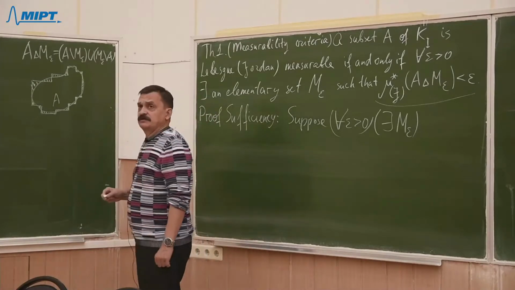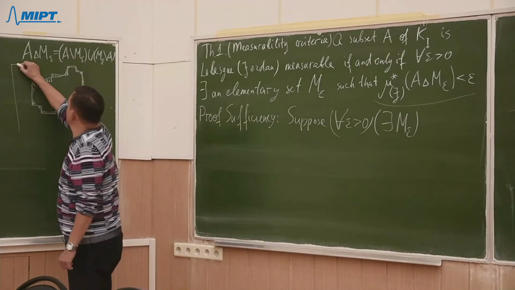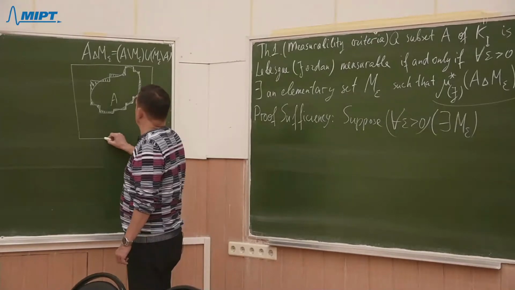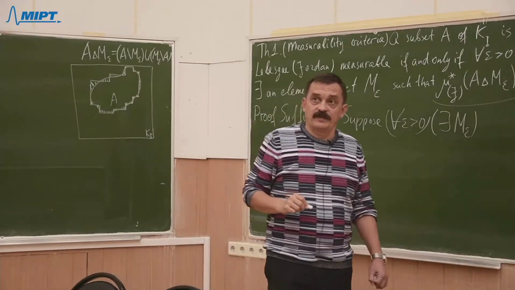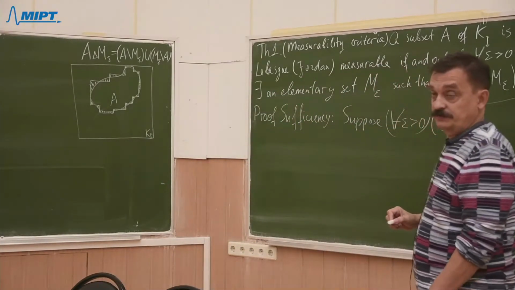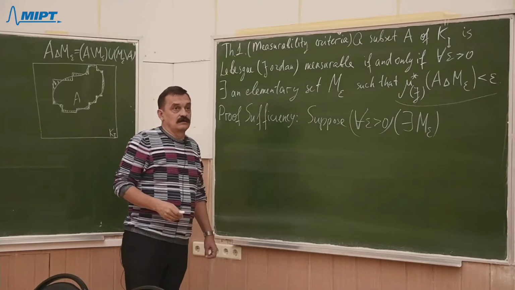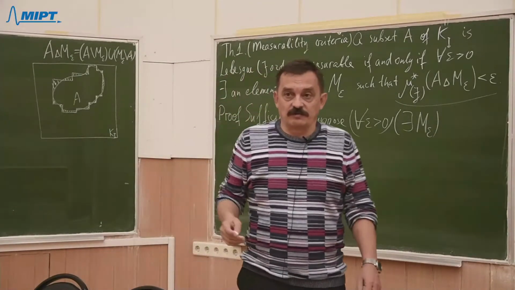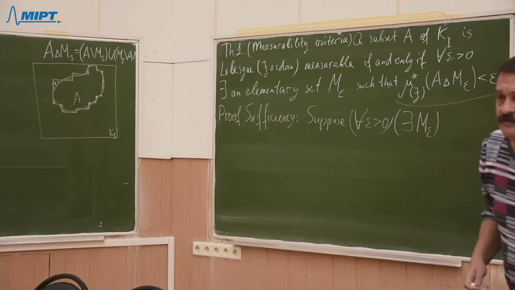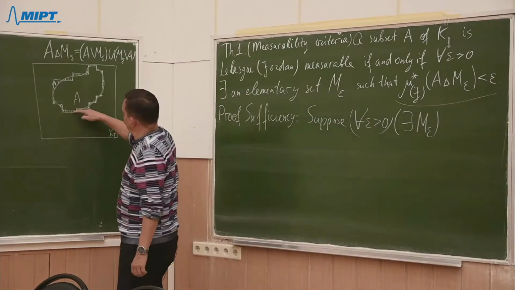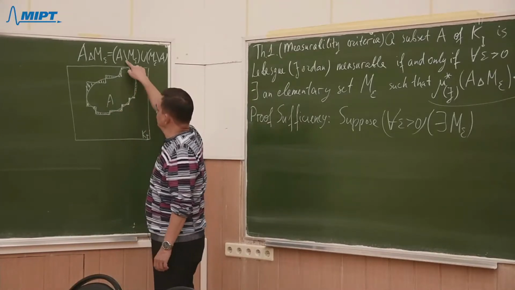Let me recall what is measurable according to our definition. Everything is supposed to be included into our fixed cube Q. Also, we may suppose that our elementary sets are also a part of this Q. The smooth curve is the boundary of A, and the polygonal curve is the boundary of M epsilon.